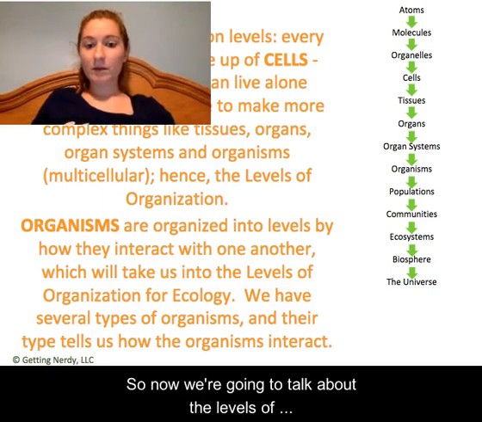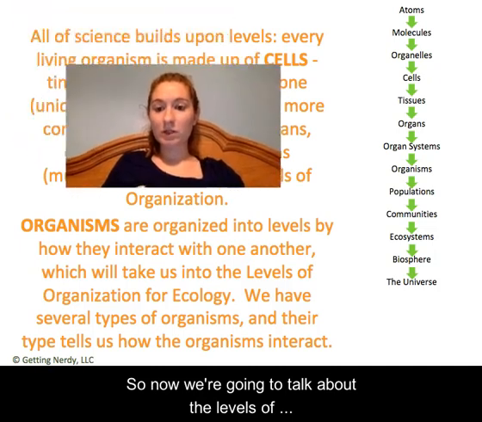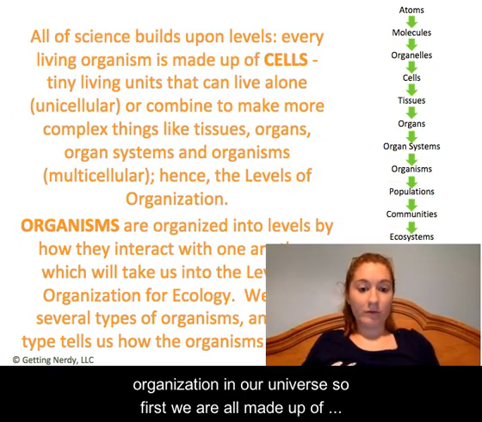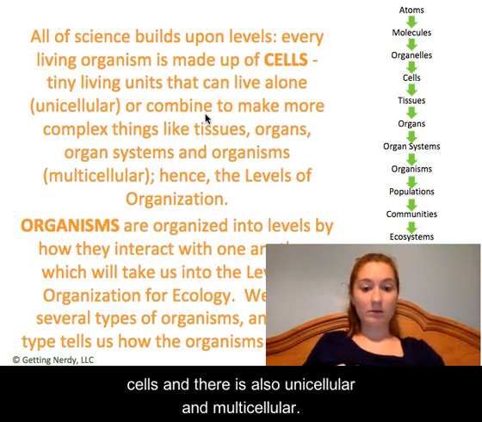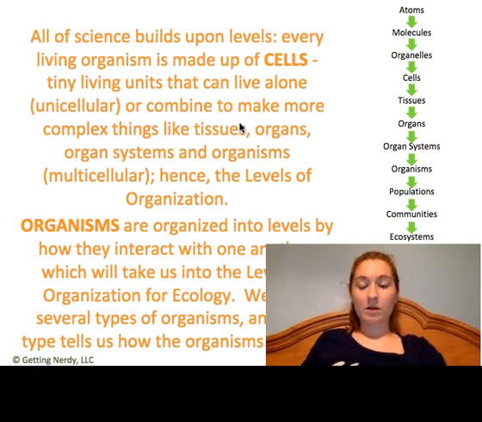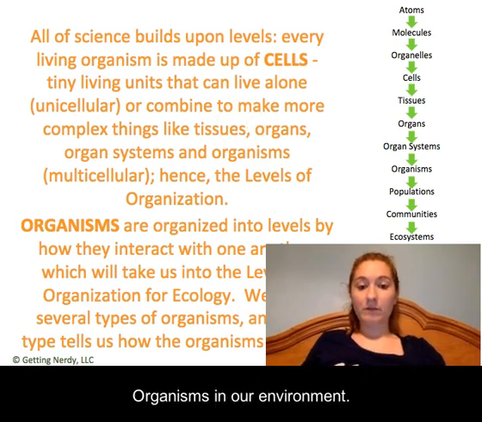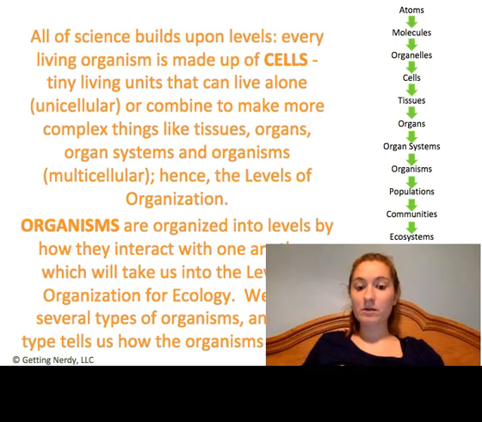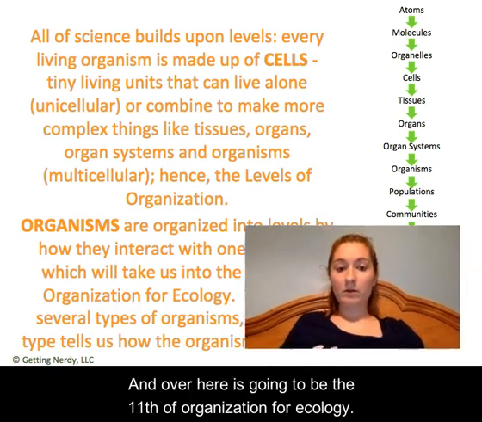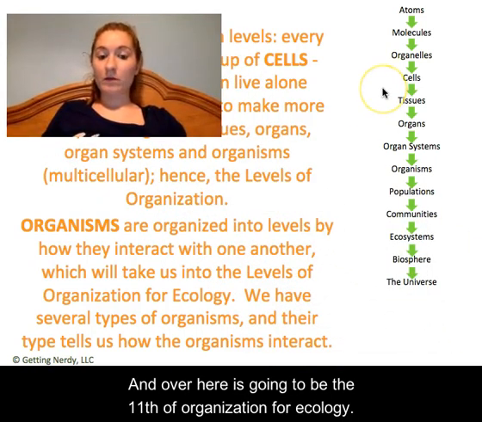Now we're going to talk about the levels of organization in our universe. First, we are all made up of cells, and there are also unicellular and multicellular organisms in our environment. Organisms are organized into levels by how they interact with one another. Over here is the level of organization for ecology.